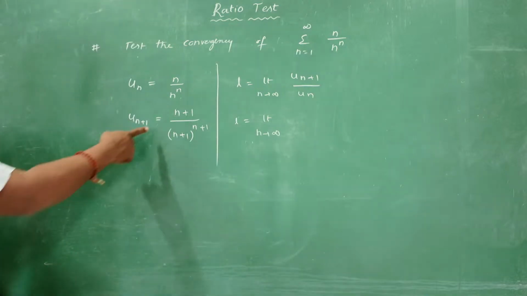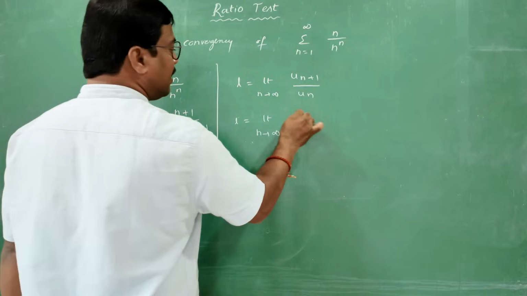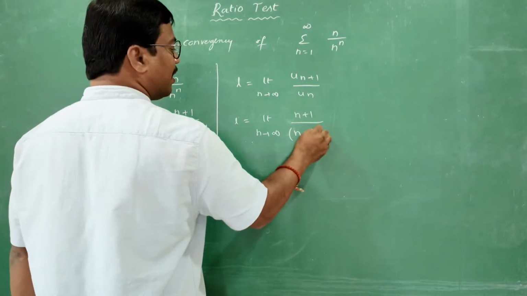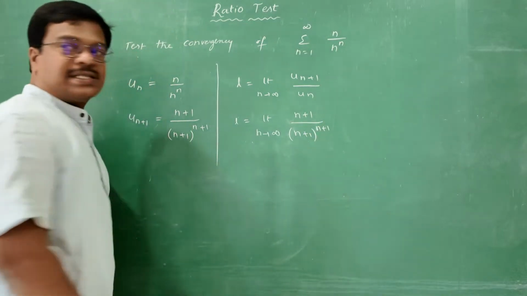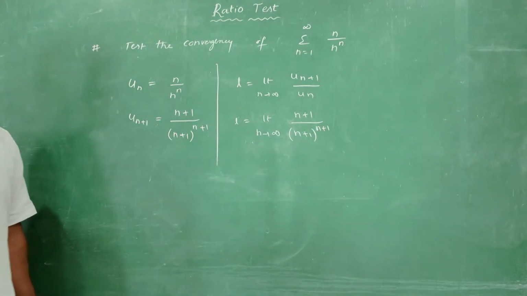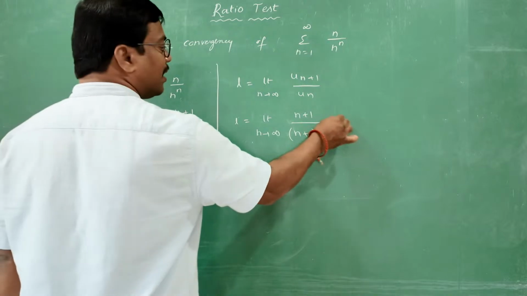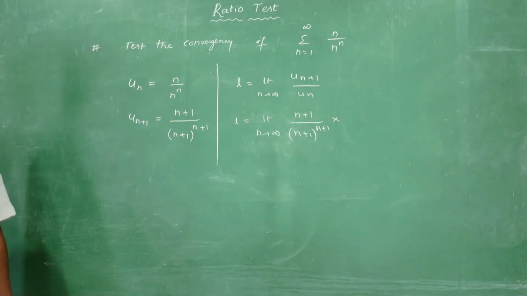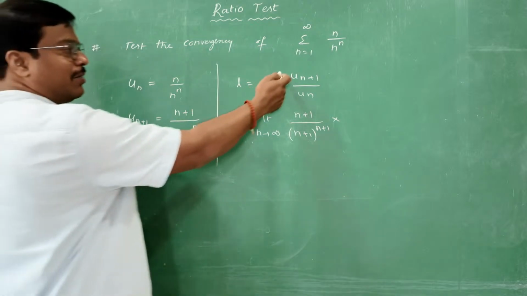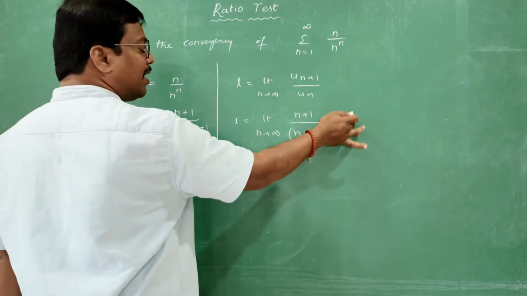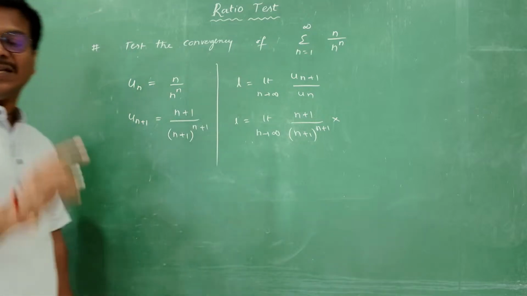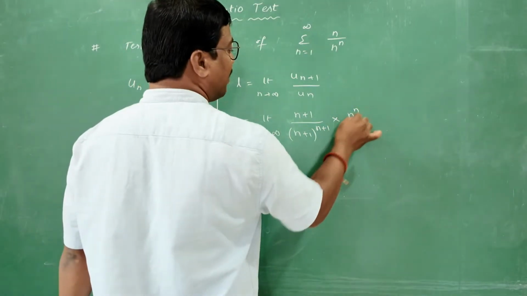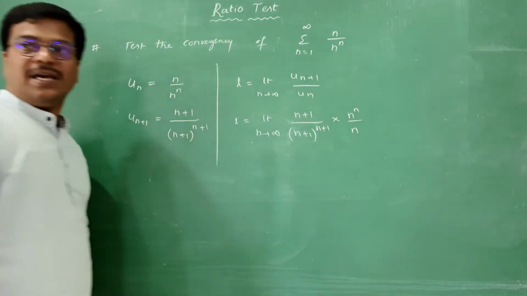Here you have n plus 1 divided by n plus 1 power n plus 1. Next, divided by un; if I multiply, that becomes just 1 by un. Here you are going to multiply, and n power n by n you will get n power n divided by n.